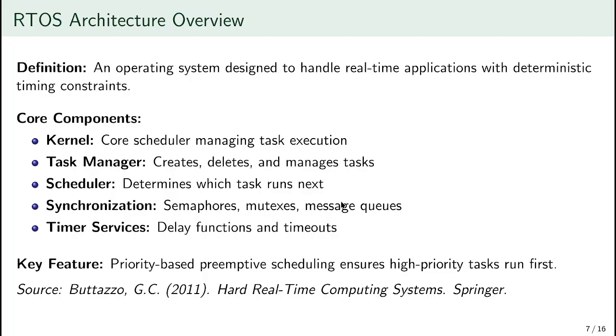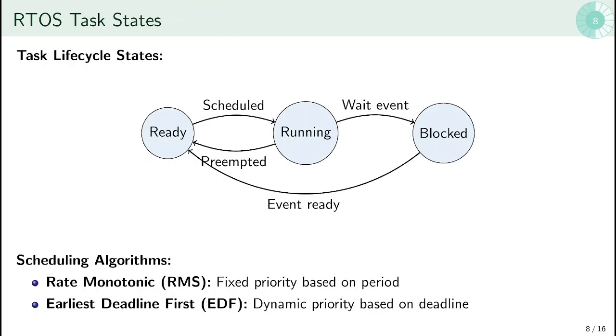So high priority tasks can interrupt lower priority tasks immediately. It also includes semaphores, mutexes, and timers for synchronization. This ensures deadlines are always met. Tasks move between running, ready, and blocked states.